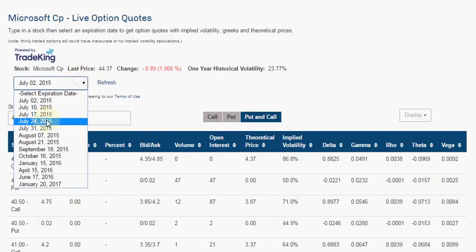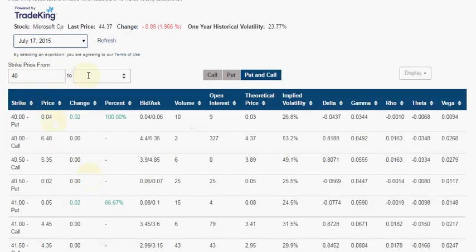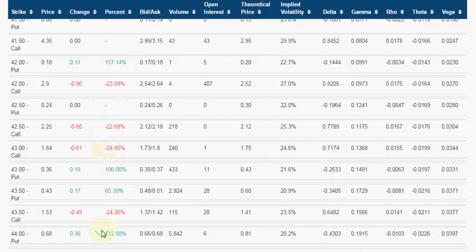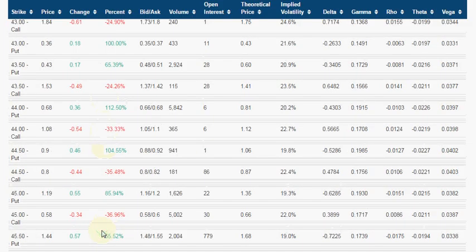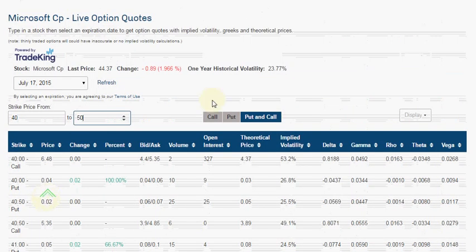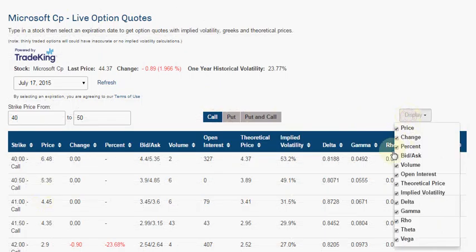But let's look at the one at the 17th. We can see we've got our 45 call and put there. And we can look at just calls, just puts, and this is the display.